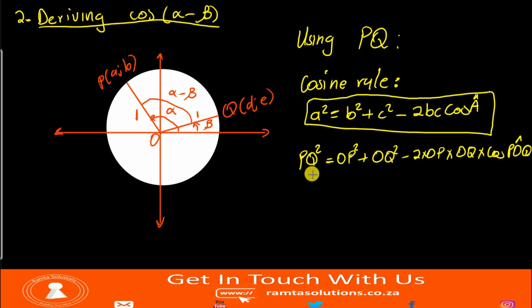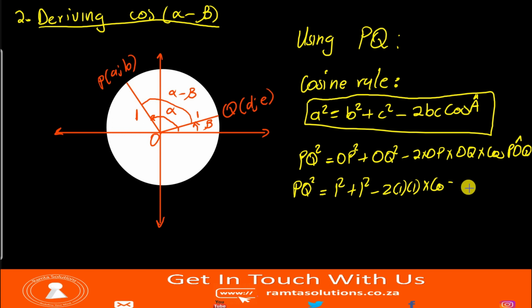Now, what is PQ? So far, we do not know what PQ is, so we're going to leave it as PQ squared. What is OP? This was a unit circle, so the distance OP is 1 unit. What is OQ? Again, it's 1 unit, minus 2 into 1 multiplied by cos of angle POQ. Angle POQ is alpha minus beta.